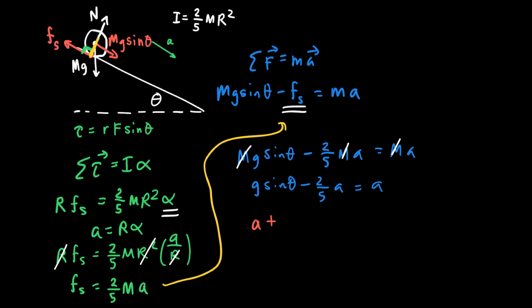So a plus 2/5 a equals g sine theta. 1a is the same as 5/5 a, and 5/5 a plus 2/5 a is 7/5. So 7/5 a equals g sine theta.